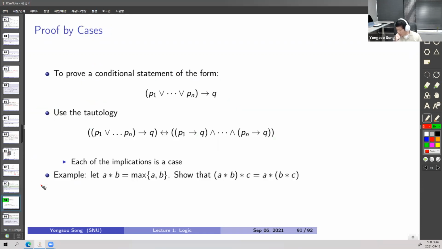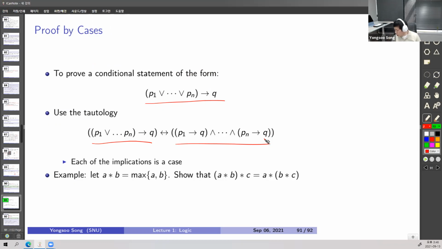Let me show you another strategy of proof. Suppose that there's a statement of the form: if P1 or ... or Pn, then Q. We can use the tautology that this proposition and this proposition are logically equivalent.